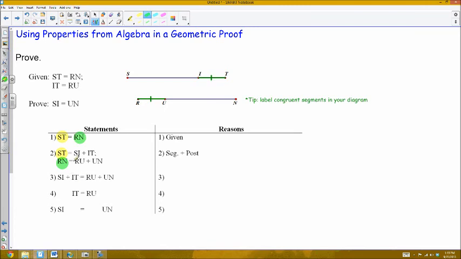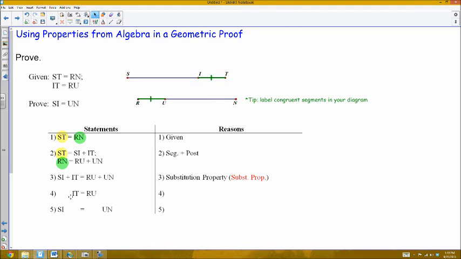So I'm basically substituting the equivalent value SI plus IT for ST and the equivalent value RU plus UN for RN, and I'm getting this new equation. Well, the property that allows me to do this is the substitution property of equality, which you can abbreviate substitution prop or subst prop. So once I have that, I now understand where this line came from.